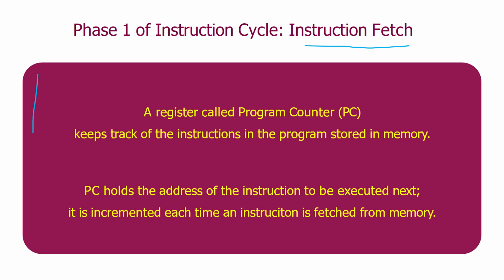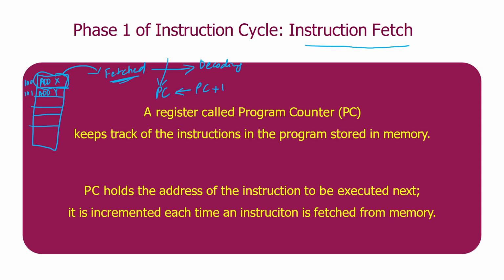Now suppose I have a memory having some instructions here. Suppose I have written add x, then add y. Suppose this has address 100, this has address 101. When this statement is fetched, even before decoding this, at this point program counter is incremented by 1.